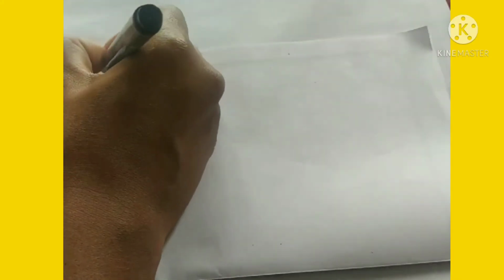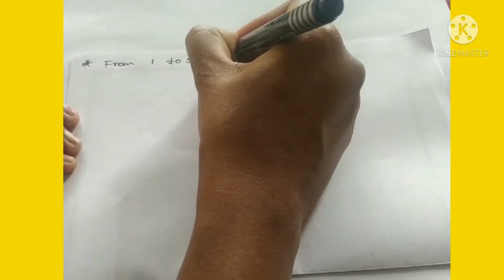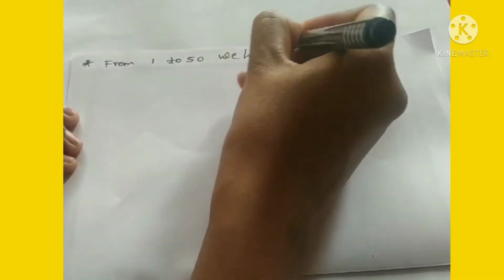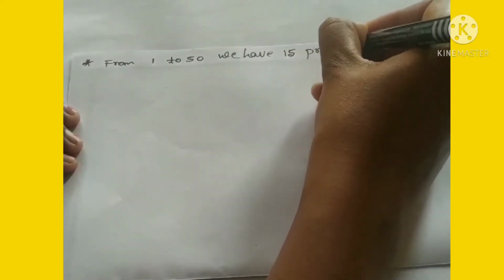Next you have to remember that from 1 to 50 we have 15 prime numbers. You have to remember this.